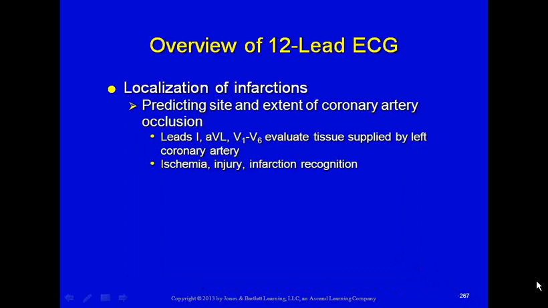If we have elevated ST segments in any of those leads, we can determine injury. If we have depressed ST segments, we can determine ischemia. And if we have pathological cues, we can determine infarction.